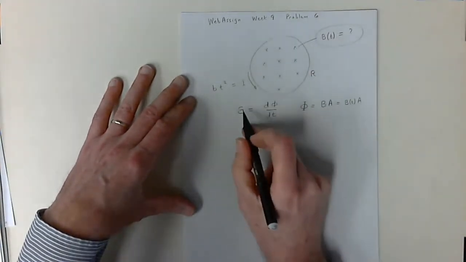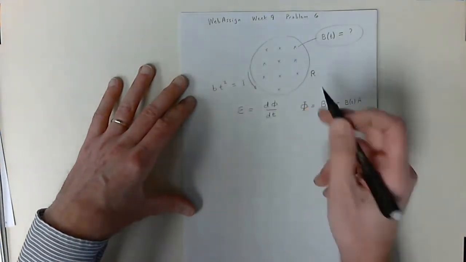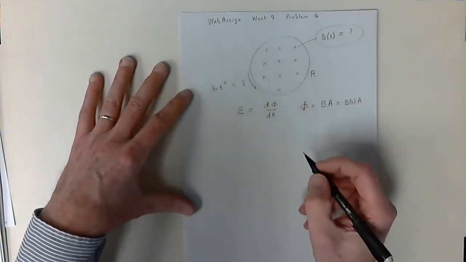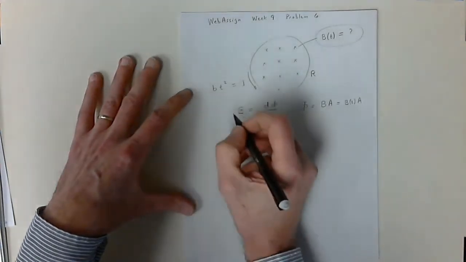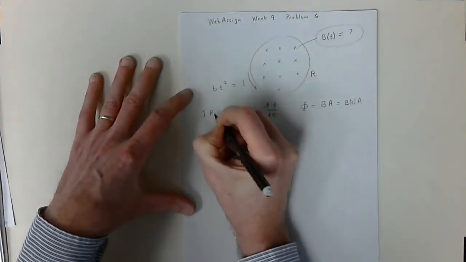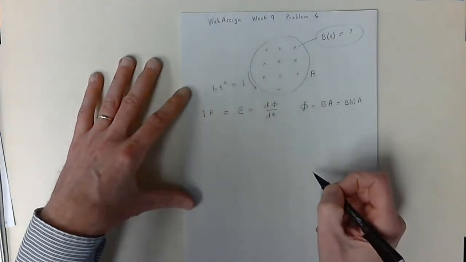And so the EMF, which is like the battery or the voltage, and the current and the resistance are all related in just the usual expected way, that the EMF is equal to I times R. This is voltage is equal to current times resistance. That's just Ohm's law.